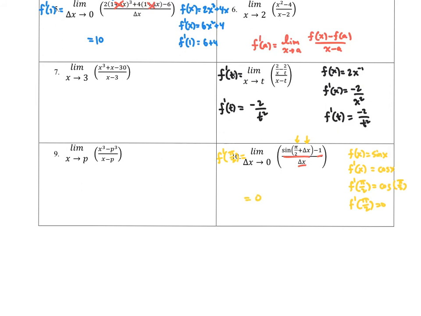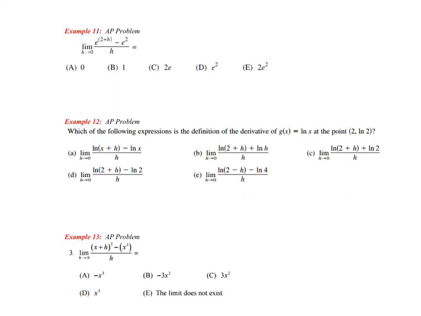Okay, let's look at a couple more examples, and then we'll call it good for today. All right, example 11. Using a very similar process, this limit would evaluate and give us the value for f prime at 2. So what is f of x? F of x is e to the x.